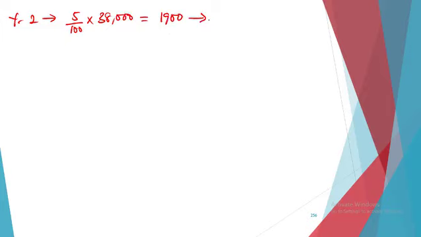So we then have 38,000 minus 1,900, and that will give us our what? Our new price or new value, anyway you call it. So 38,000 minus 1,900. What do we have? We have 36,100 in US dollars, remember.